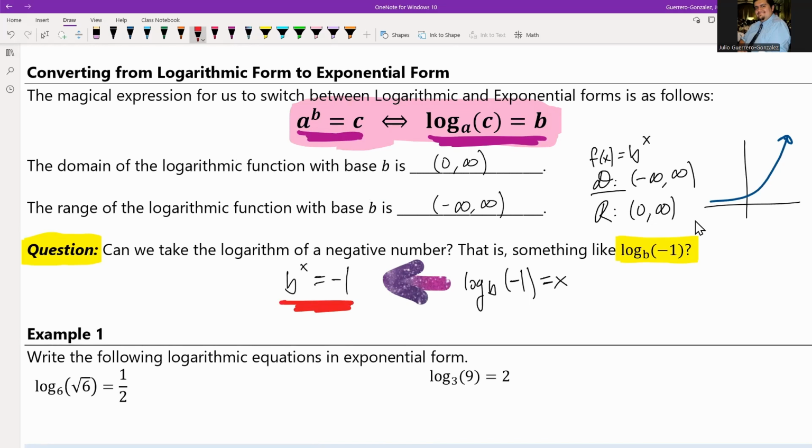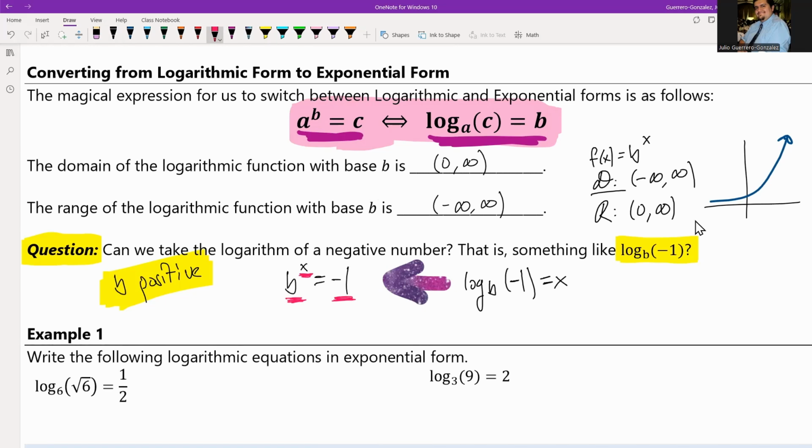Remember how I said at the very beginning, b has to be positive. b has to be positive. Yes? Okay, so think about this really quick. This is where our exponent rules from section 4.1 are going to come into play. b is positive, and I'm raising it to a power, and I want it to be equal to -1.